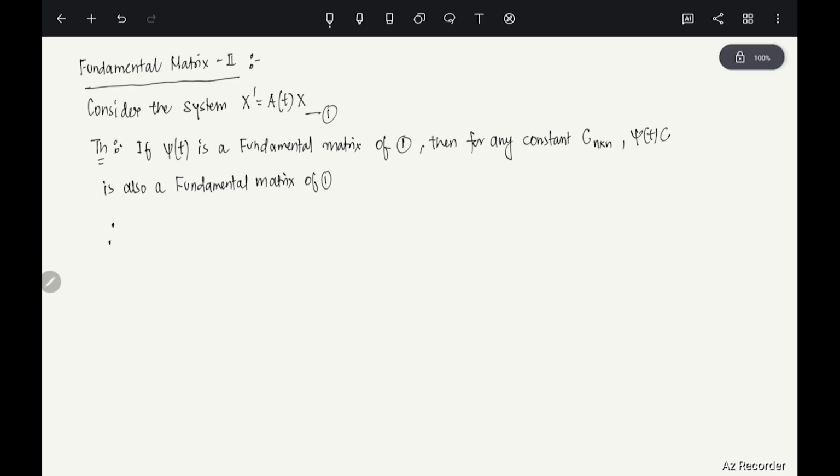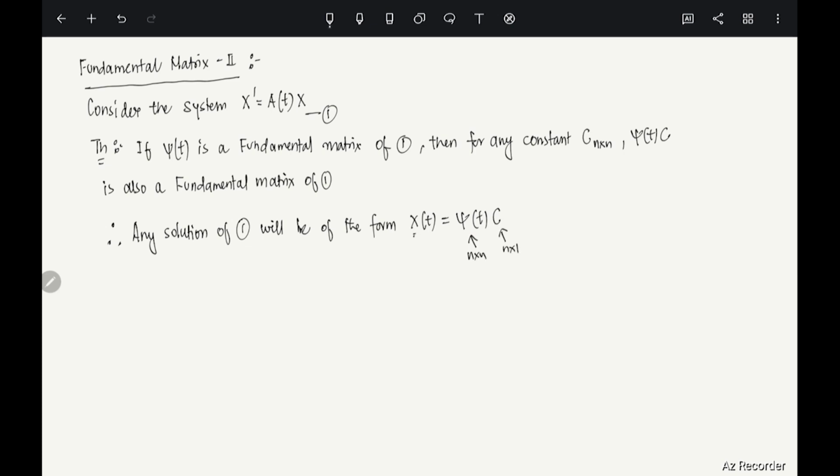Now, any solution of 1, how does it look? Any solution x of t will look like the fundamental matrix, in this case phi of t, times a constant C. Please remember, phi is an n cross n matrix and this C is an n cross 1 vector.